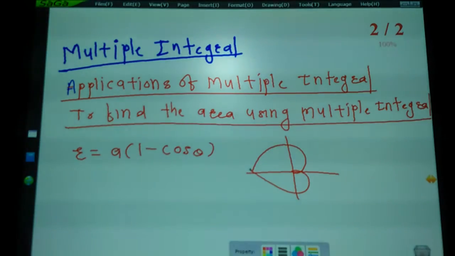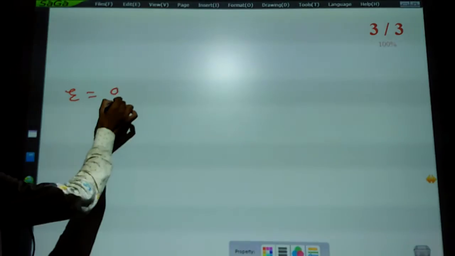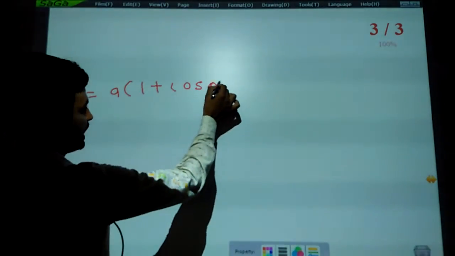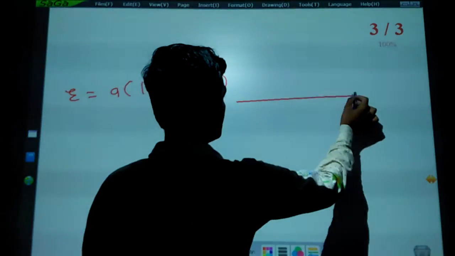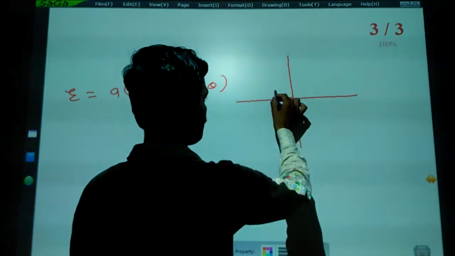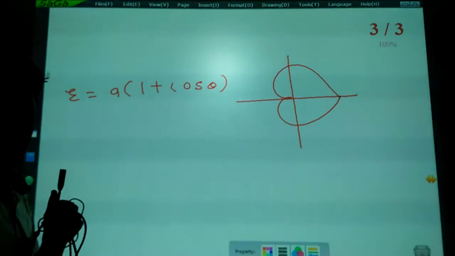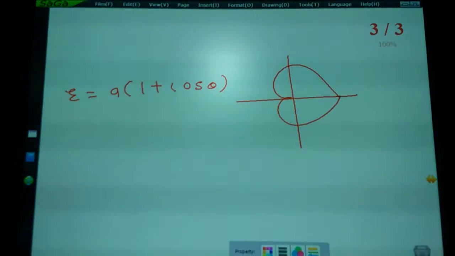Next curve, r is equal to a times 1 plus cos theta. Its curve is in that way. We have already studied it in curve tracing.